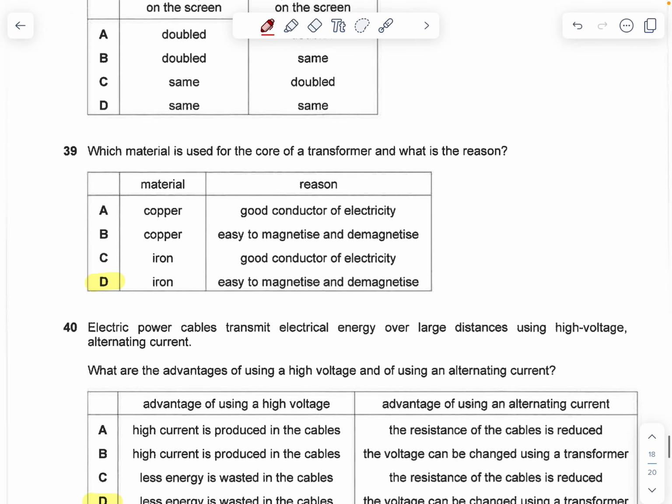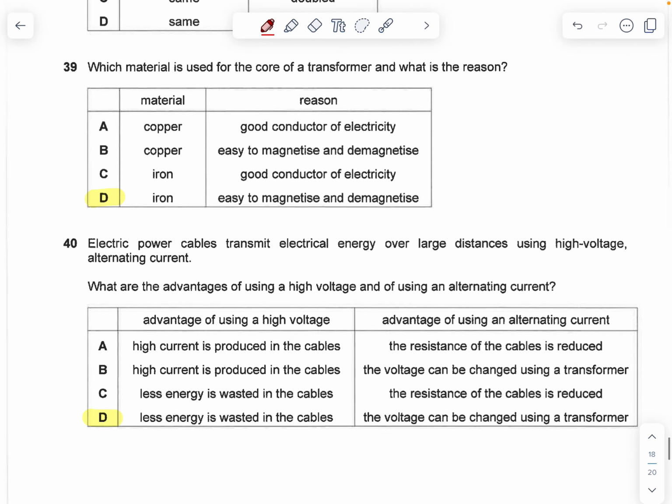38 is not tested. Question 39. What material is used for the core of a transformer and what's the reason? First, what we want is a soft magnetic material like iron, to concentrate the magnetic field.